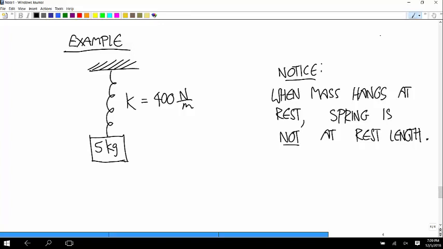Okay, so what's the length of the spring compared to its resting length when it's just hanging there? It's going to be longer because the weight of this mass is going to be stretching it out.